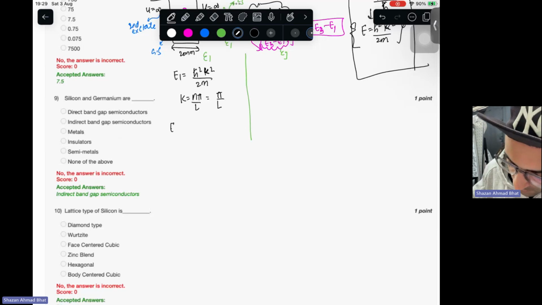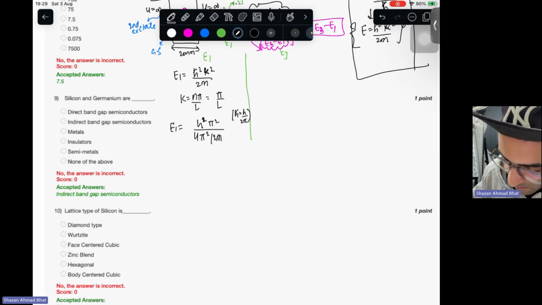And now we need to find E1. We can write h bar as h by 2 pi. It will be h square pi square divided by 4 pi square, because we have written h bar as h by 2 pi, and this was h bar square. So this will be 4 pi square times 2m, and this will be pi over L square.